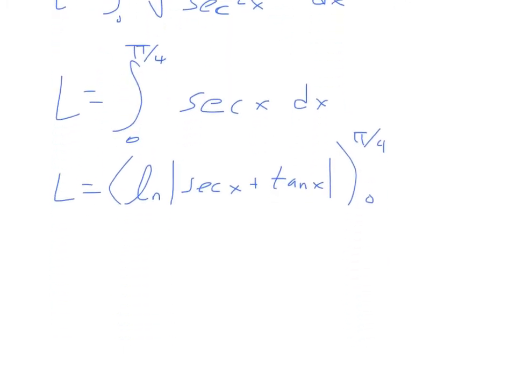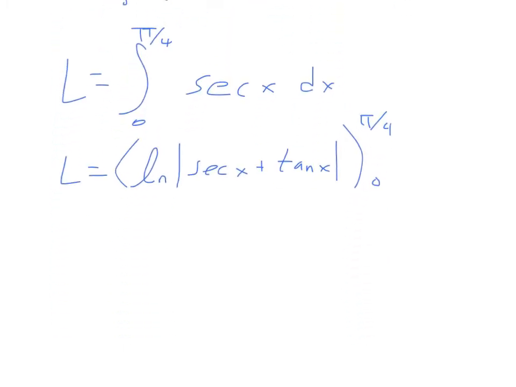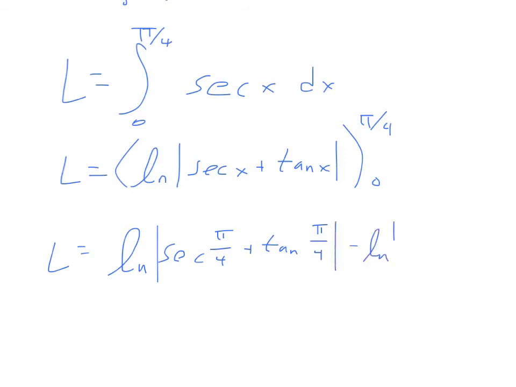That evaluation just means we plug in the upper bound, we plug in the lower bound, and evaluate. So this will be the natural log of, I suppose I should write this out, the secant of pi over 4 plus the tangent of pi over 4, minus the natural log of the secant of 0 plus the tangent of 0.